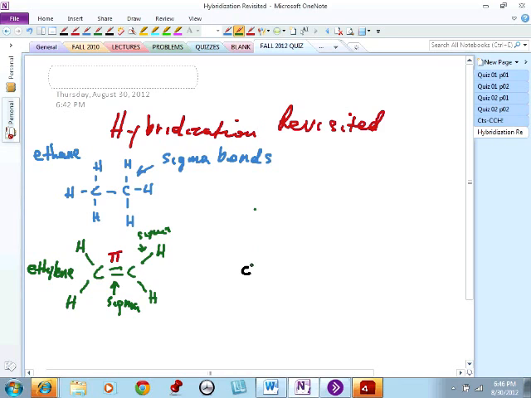Each one of those carbon atoms will have an sp2 hybridized orbital, because each carbon wants to bond to 3 other atoms. So it will mix 2 p orbitals and 1 s orbital to form the sp2 hybridized orbitals. The other carbon atom will do the same.